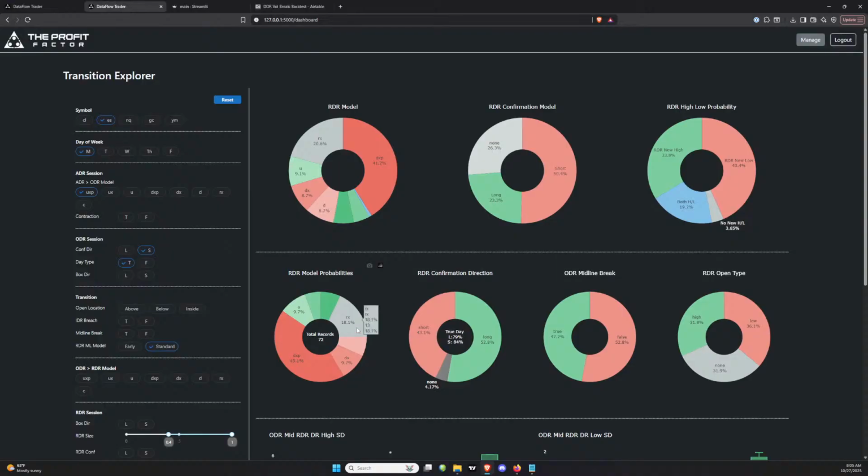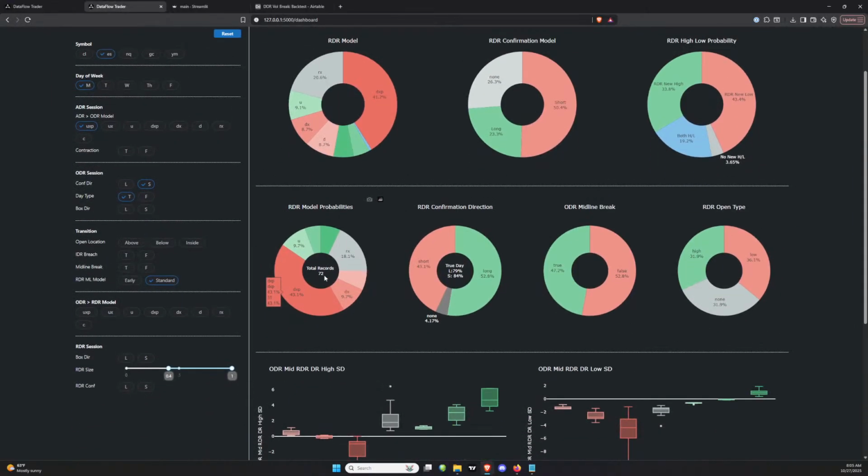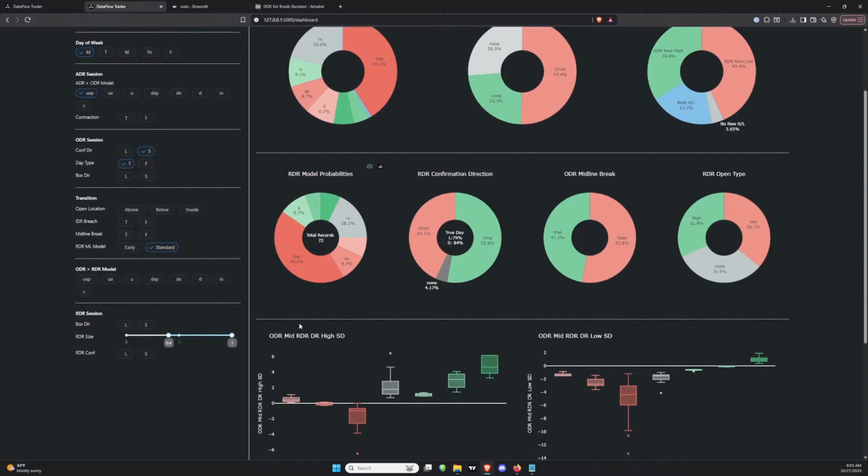Okay. So what our data tells us, this is our machine learning models up here. These are probability models down here. They're basically saying the same thing. I just use these for confirmation. Just focus on these right here in the middle. So 43% of the time when we have a Monday UXP short true day, we will have a DXP formation.